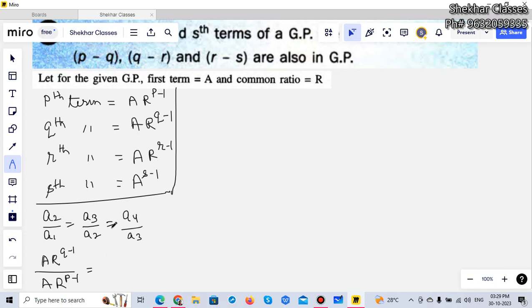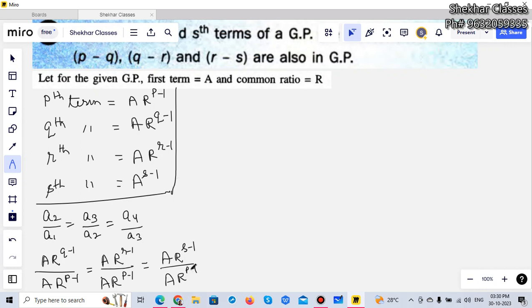Is equal to, the third term is A r to the power r minus 1, and it will be over A r to the power q minus 1. And the last one will be A r to the power s minus 1 upon A r to the power r minus 1.